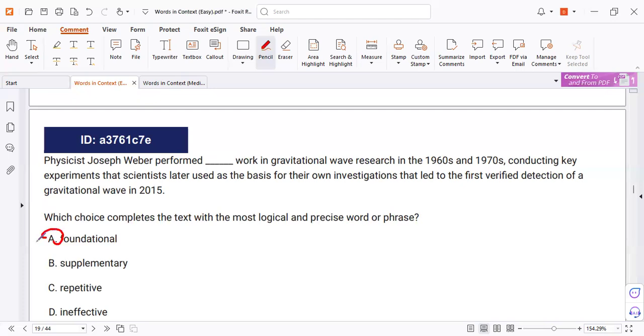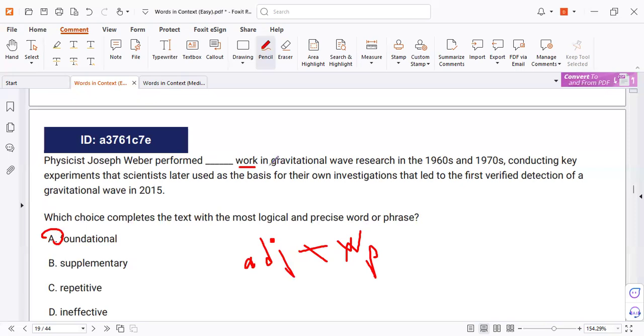But always follow the rules. If we give you an adjective, find what it describes. It must describe a noun or pronoun, right? So it describes the work. Is the work supplementary, meaning additional work, or foundational? Foundation means the basis on which something develops.